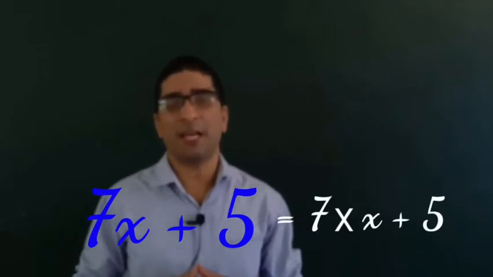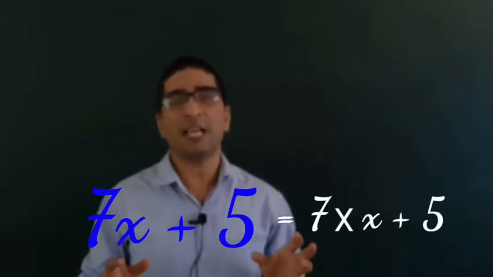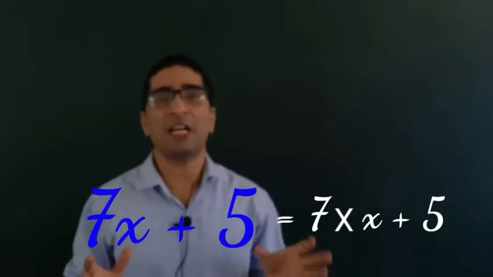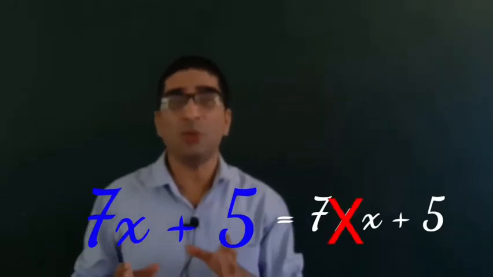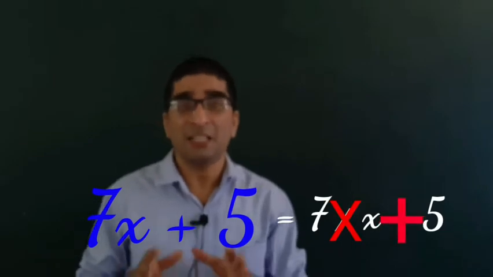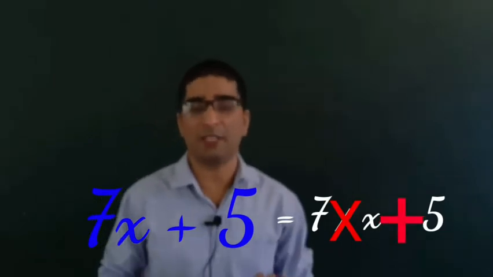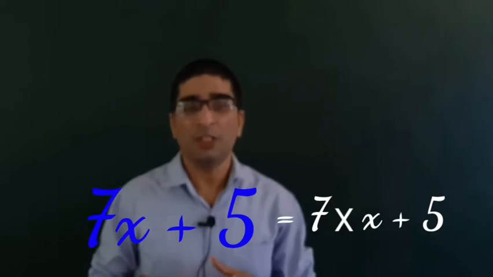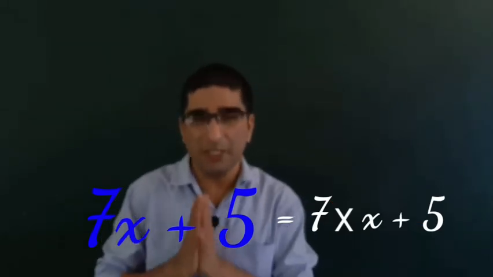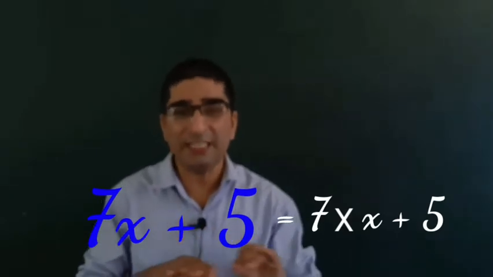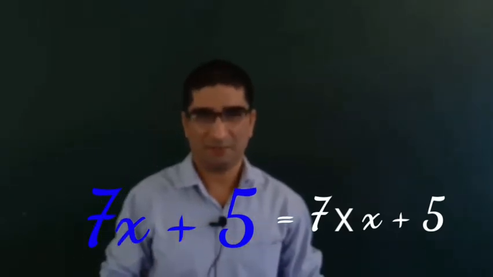We can observe that these numerals and literal terms are connected by some fundamental operations. Into and plus are two of the fundamental operations used here. So, the numerals and literal terms are connected by into and plus in this algebraic expression.